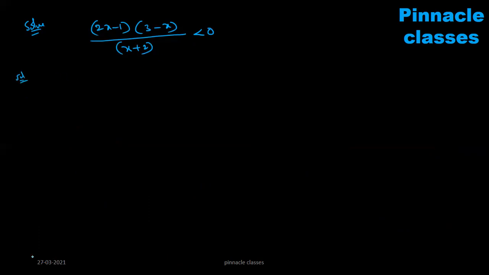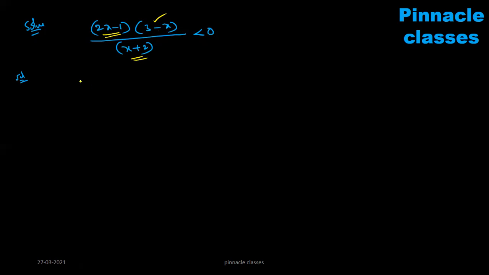See, in this, before solving, the x minus 3 format is not there, it is missing. See, x minus 1 okay, x plus 2 okay, but 3 minus x is there. Take minus as a common factor.